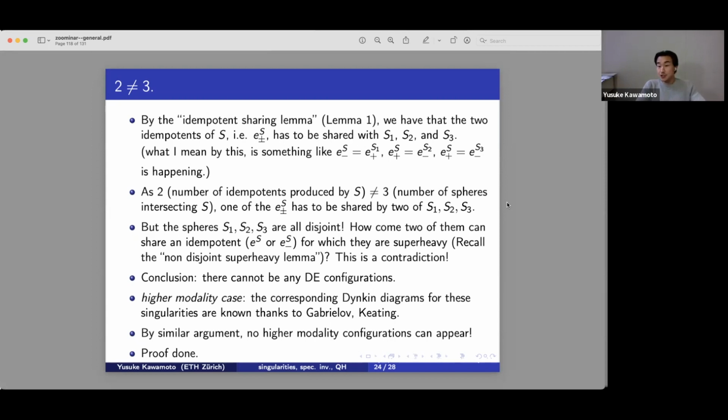In order to do that, once again, I want to use the no disjoint superheavy sets property.